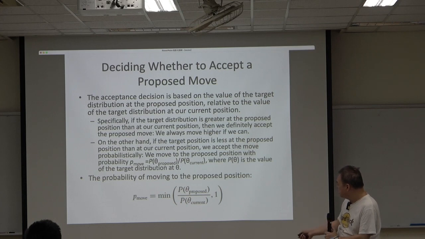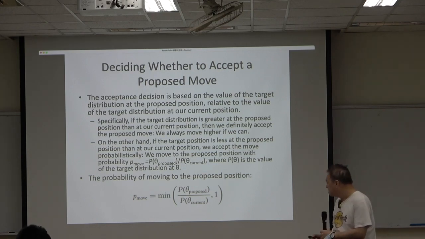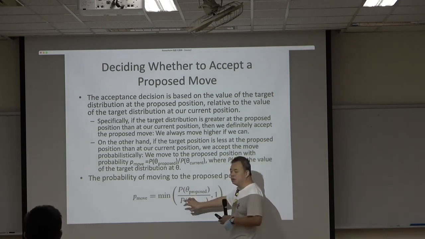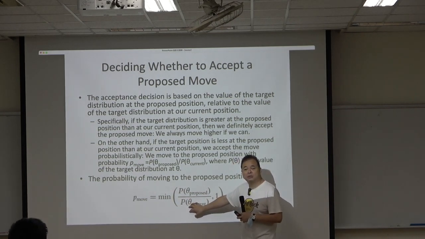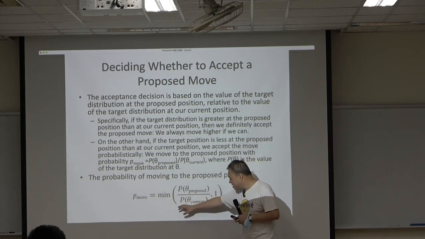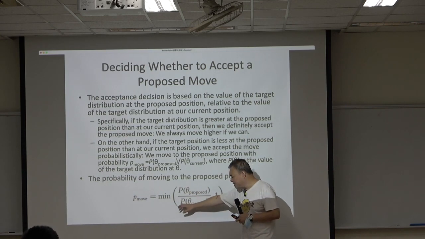This value, right? The P move is going to be the min of P theta proposed divided by P theta current, or 1. It's the smaller one of these two terms. So if your P theta current is 0, we have an issue, right?